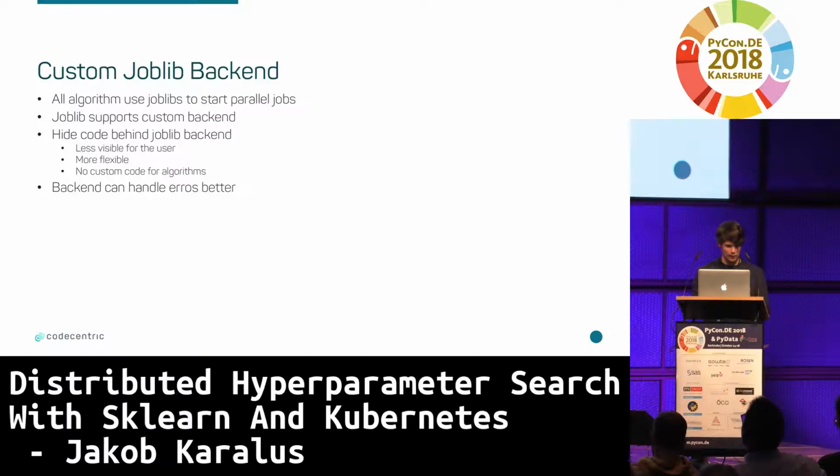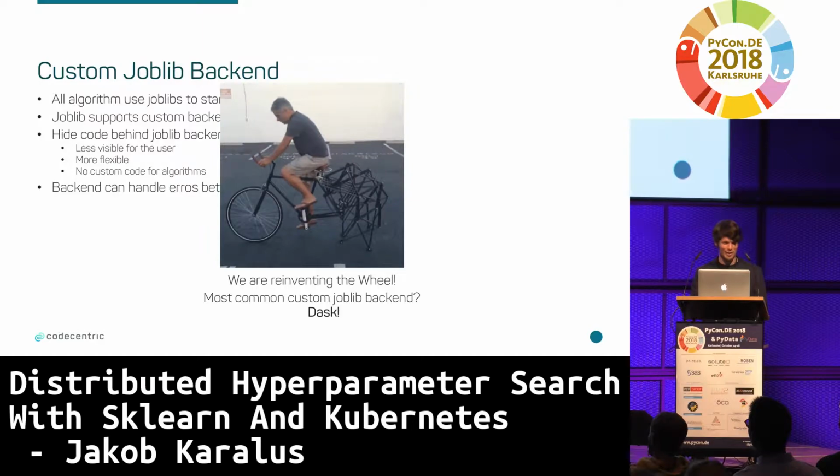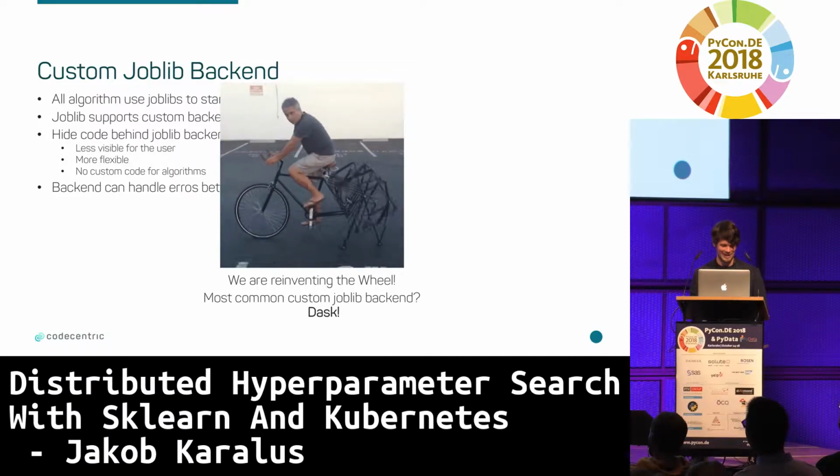So we thought, okay, we're gonna use Joblib to start parallel jobs on Kubernetes. We're gonna wrap everything behind that custom backend. We do error handling and all these kinds of stuff. But as soon as we did some deeper thinking and tried some prototypes, we felt like we are reinventing the wheel all over again.